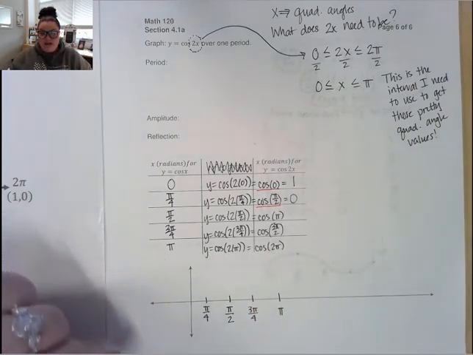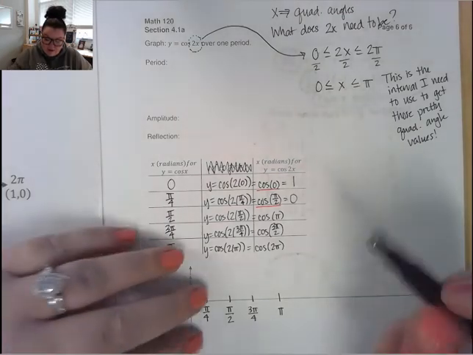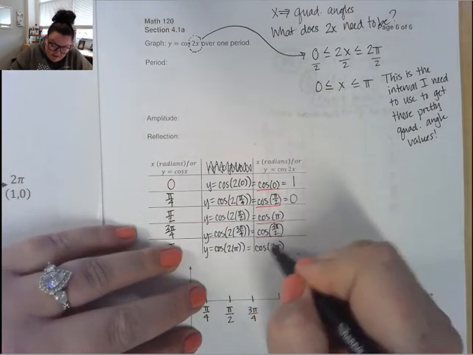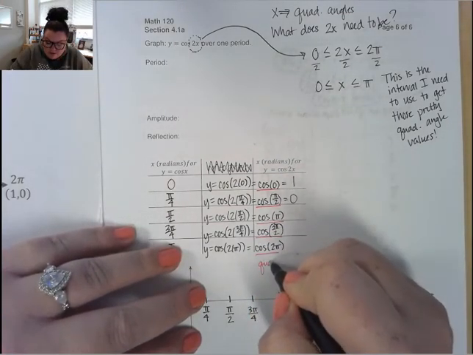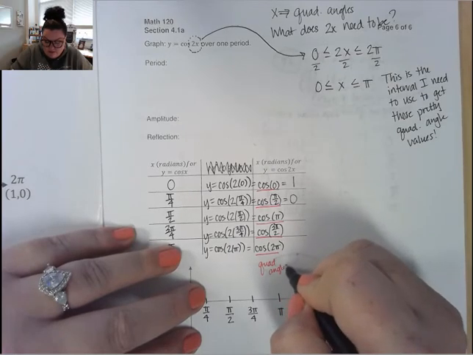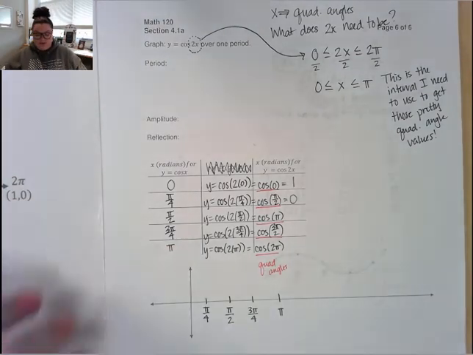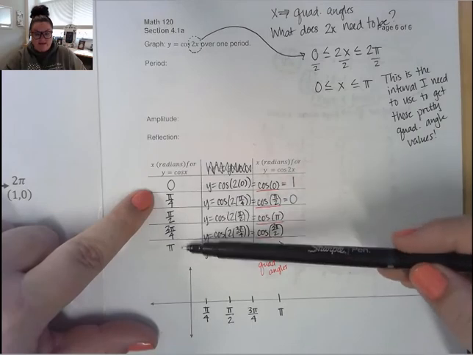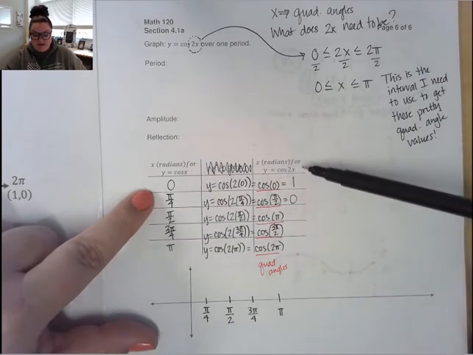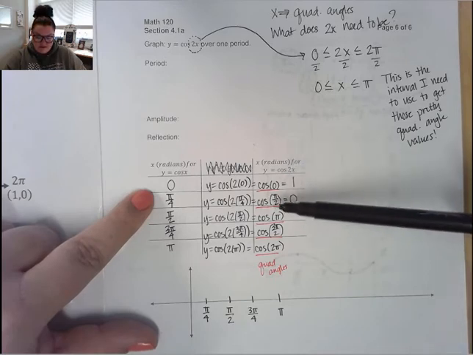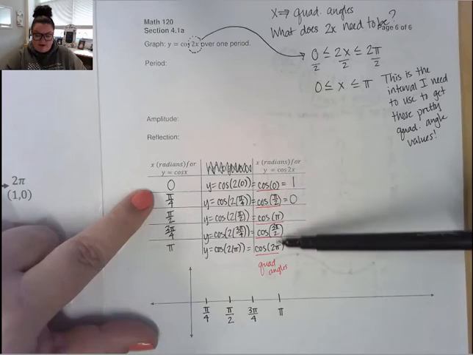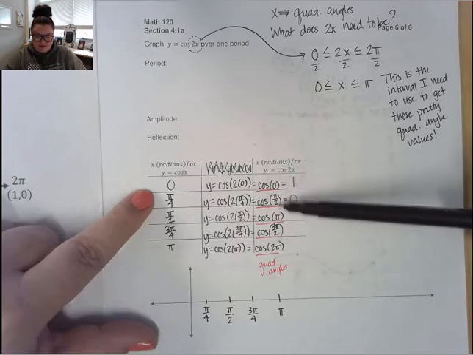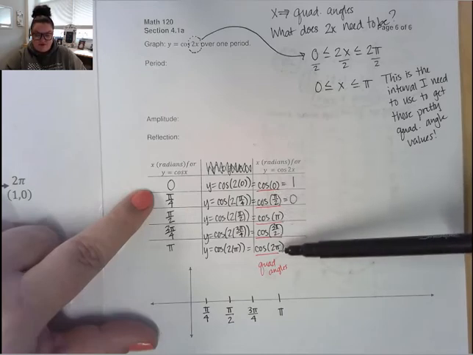So if you look at it, I did it correctly because now all of these cosine values are just my quadrantal angles, right? So I basically chose x's so that when I plugged them into this function that has multiplication on the inside, once that multiplication took place, what I ended up with is exactly my quadrantal angles: 0, pi over 2, pi, 3 pi over 2, and 2 pi.